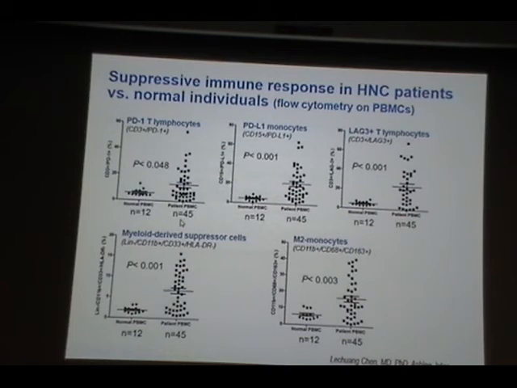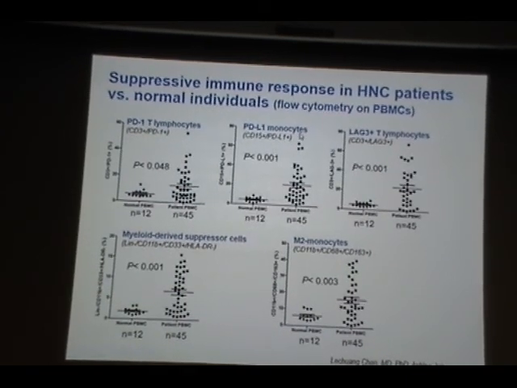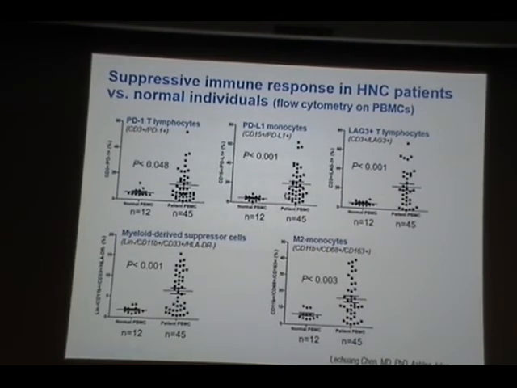We isolated blood cells from 45 head and neck cancer patients. Actually, right now we have over 100 of them. We also isolated blood samples from 12 healthy normal people, and then we analyzed the PD-1 expressing T cells and PD-L1 expressing monocytes.